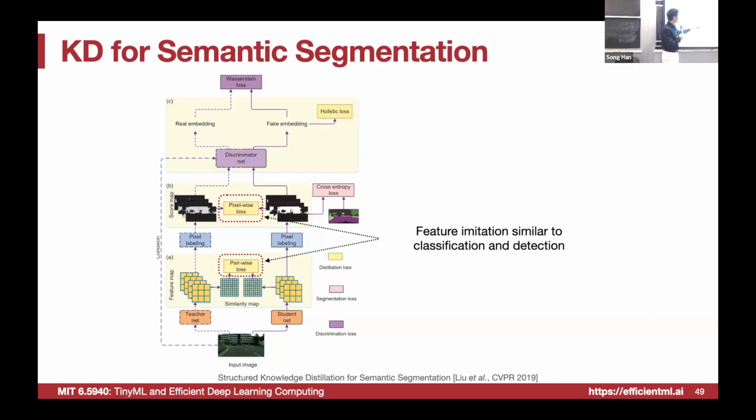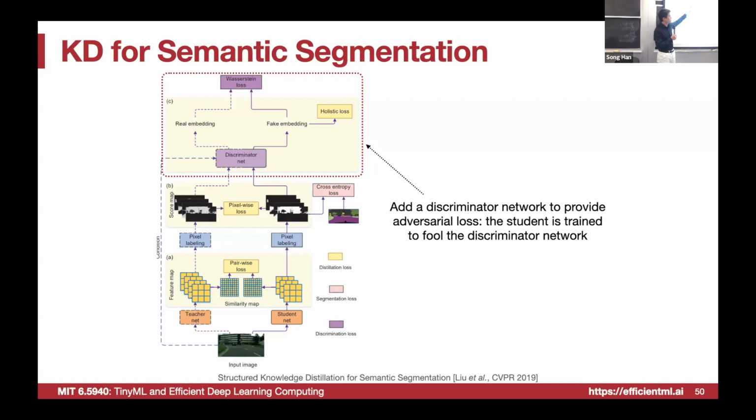Again, we can try to have the pairwise loss for the feature map between the teacher and student. Okay, this is the input, this is the intermediate feature maps. And we have the pixel labeling here. We can also have a new thing, which is a discriminator network, to try to provide adversarial loss.